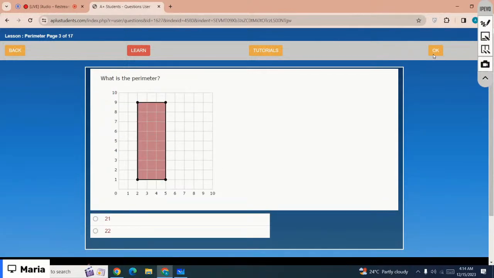Okay, the next one is what is the perimeter, which is the correct option? Which is the correct option?